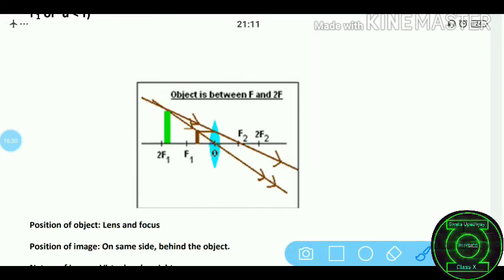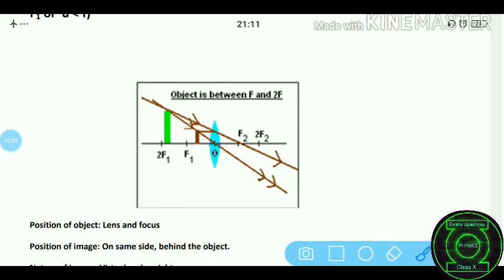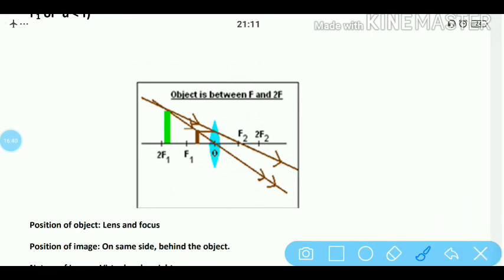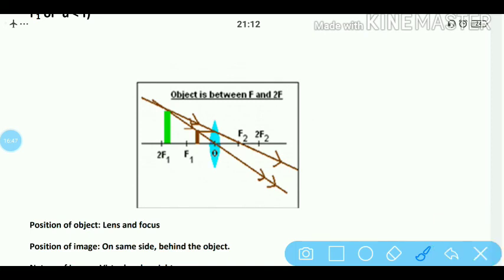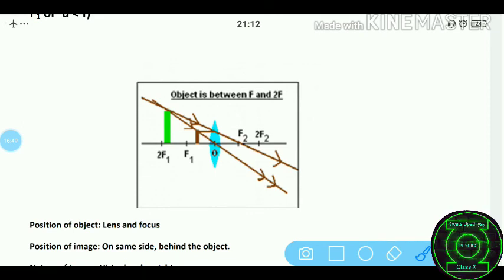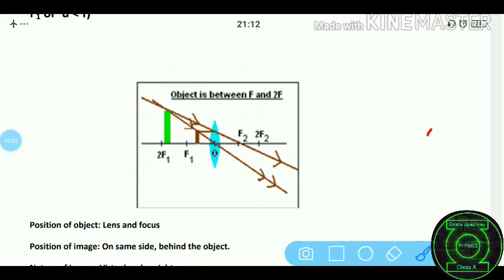Now the last case of the convex lens, that is when the object is between the lens and the focus. In such cases the image formed is virtual, erect and magnified, and it forms on the same side where the object is placed. It is highly magnified. For this we will consider two rays again.